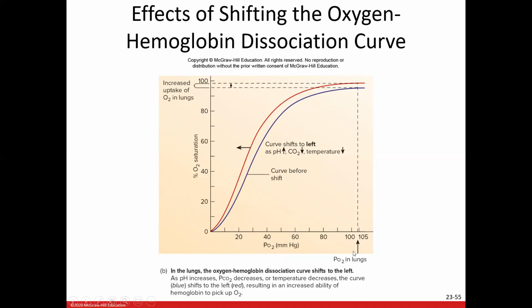So in this case, what's going to be really noticeable is in the lungs, where roughly 104 is our partial pressure of oxygen. It's going to lead to an increased ability of hemoglobin to pick up oxygen. So normally before the shift, it was roughly 90, 95%. And now at this shift, it's pretty much at 100% saturation.